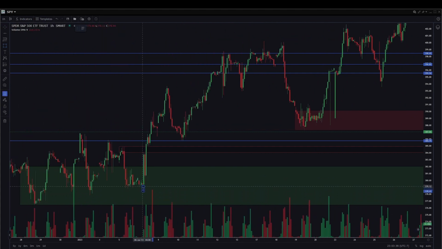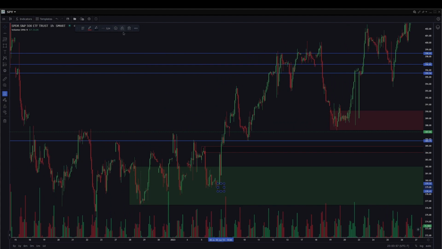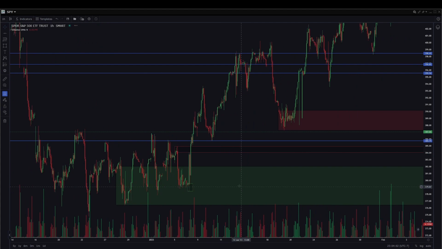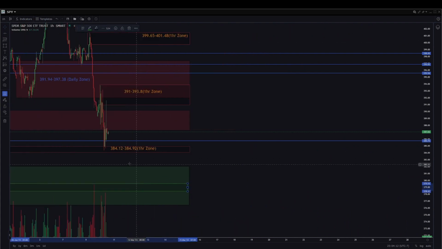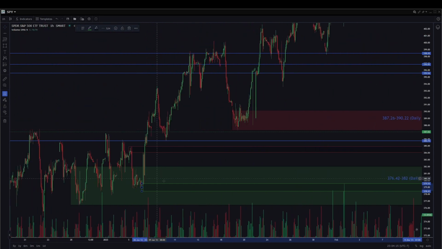Definitely going to have to take. Such a small zone. Zoom in just to get that candle.